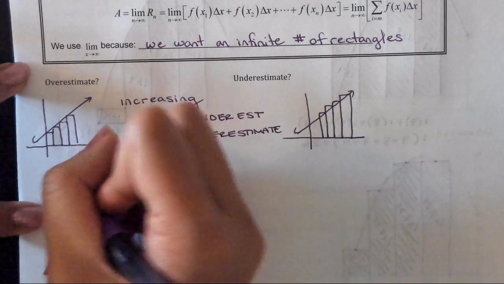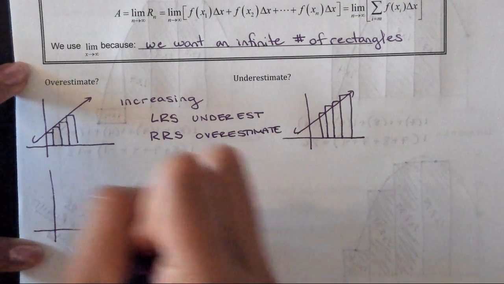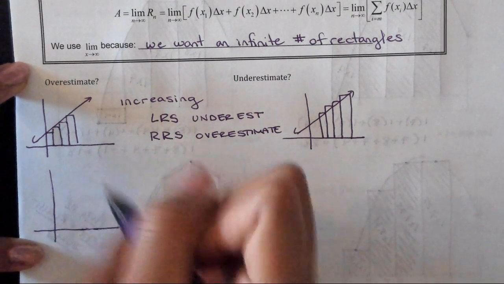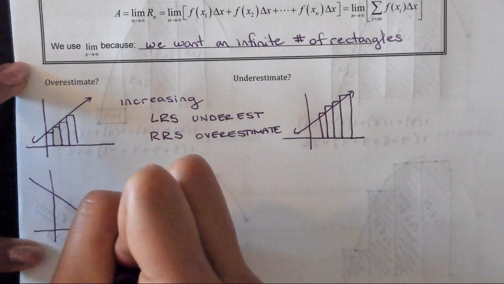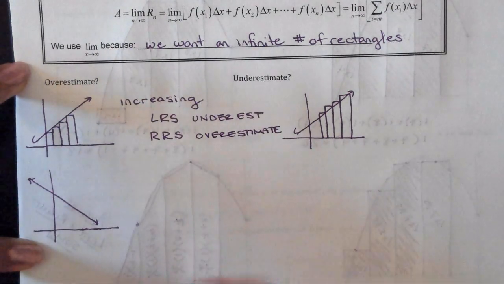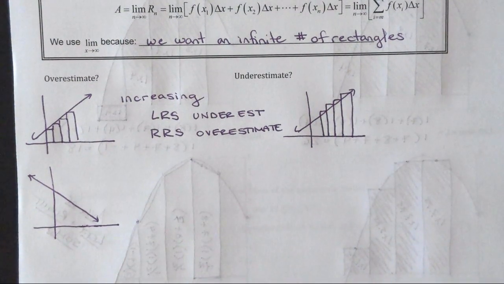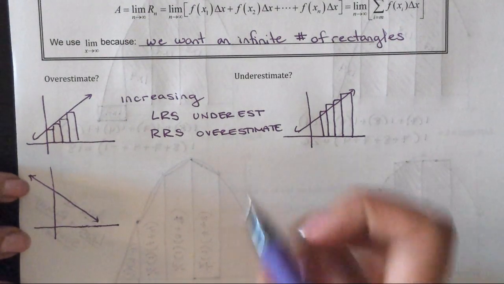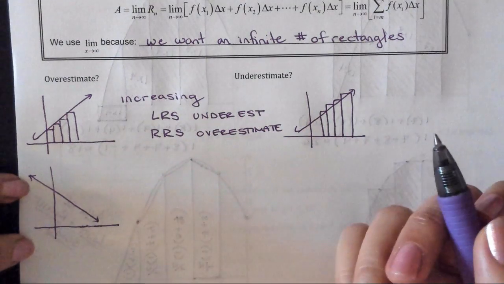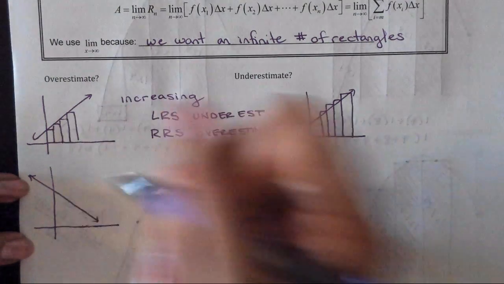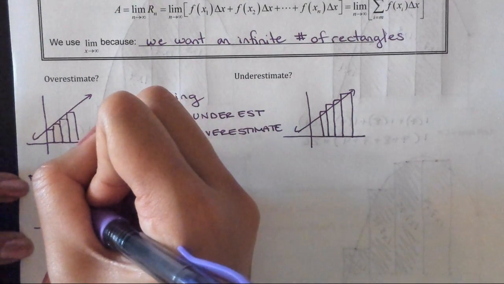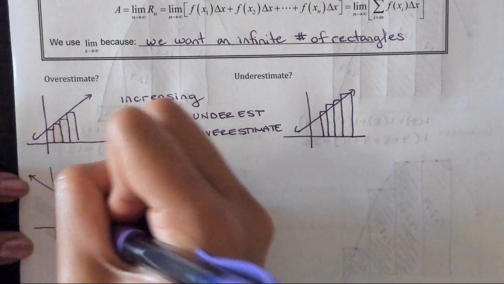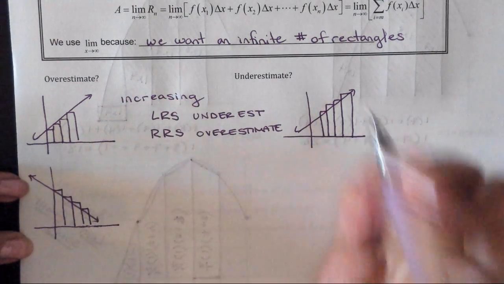Now it's exactly backwards for decreasing functions. And this is how you're going to justify, if you want to justify, is your approximation an overestimate or an underestimate? You're going to say, well, it's an underestimate because the function is increasing, or it's an overestimate because the function is decreasing. So for a left Riemann sum, a decreasing function will overestimate.